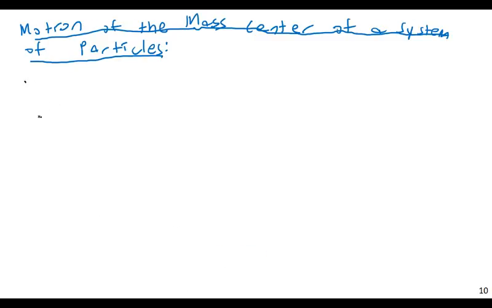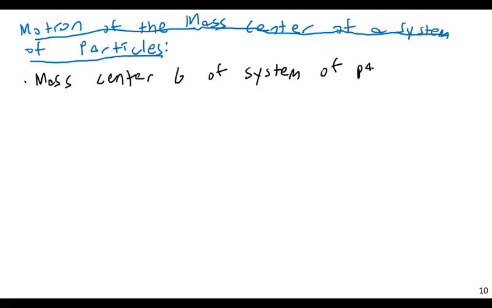So anyway, I'm going to define mass center G. Let us consider mass center G, capital G, of a system of particles, is defined by position vector RG.